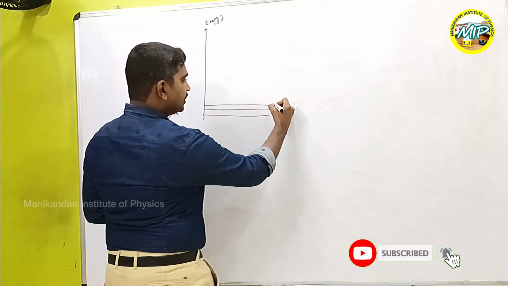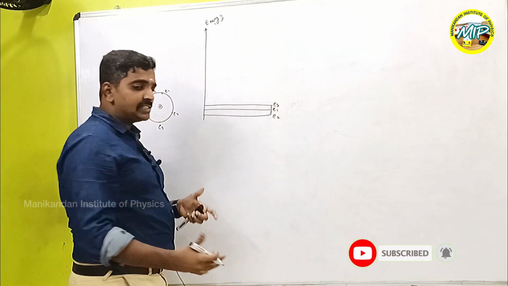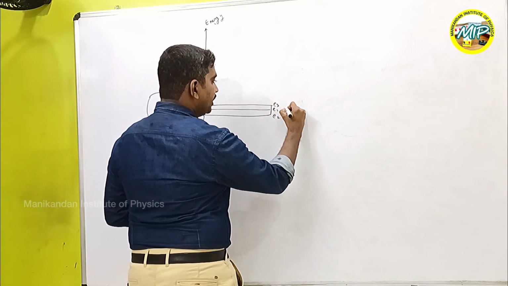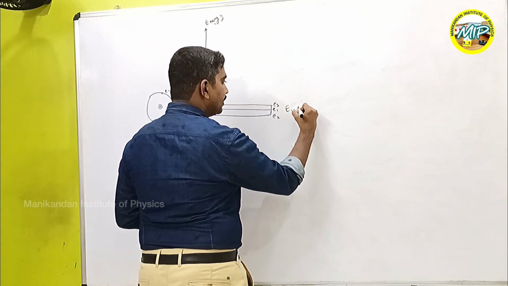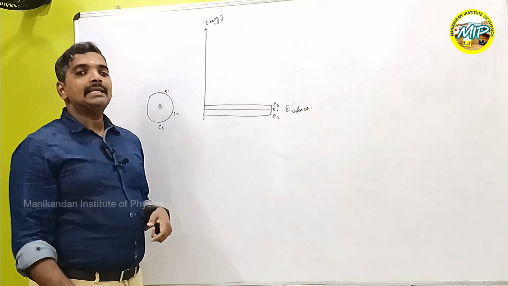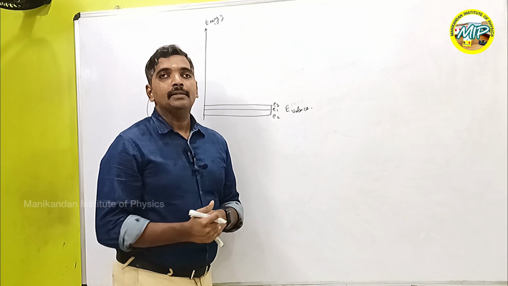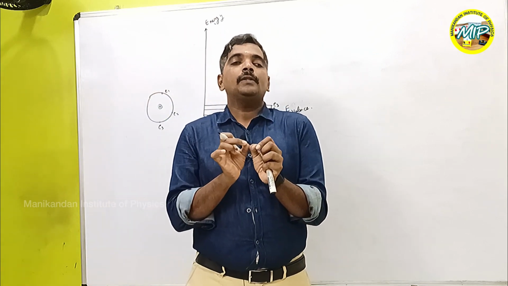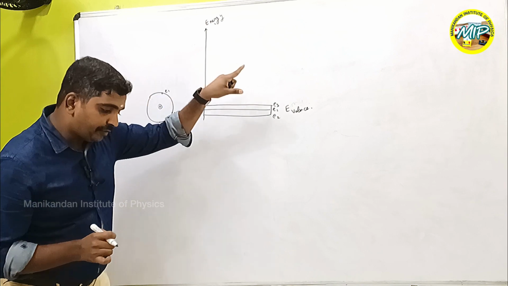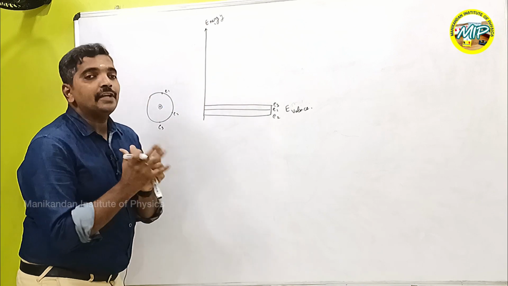This looks like a band, and this is called E valence, the energy of the valence band. If you want to remove the electron from the valence to the free process, a certain amount of energy is required.